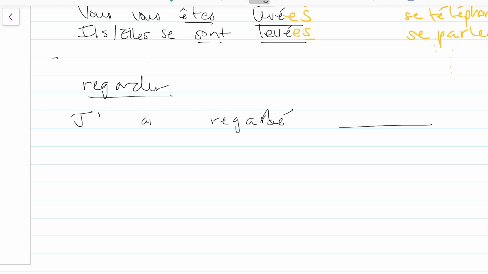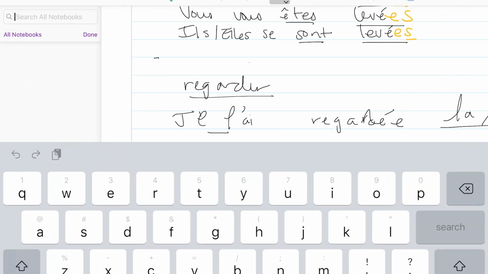Let's say, though, that I had some object after it, like la fille. Okay? I figure out what I'm replacing that with a pronoun, and this one happens to be la, and I put it into my sentence before my first verb. So now it's je, la plus ai becomes l'ai. Je l'ai regardé. Now I get an extra e here.